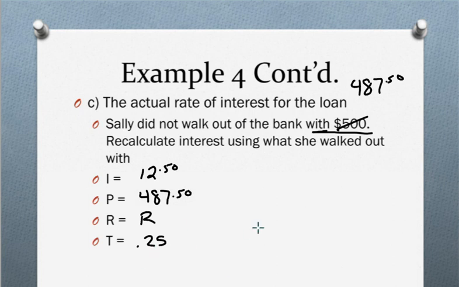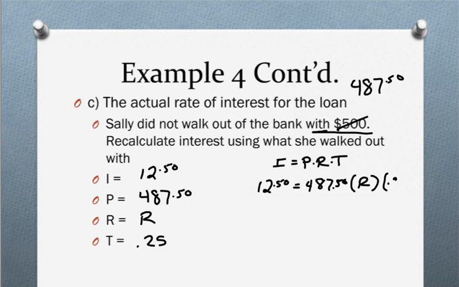The time, of course, is still 3 months, which is 0.25. So if we plug all these into I equals P R T, I would get 12.50 equals P, that's 487.50, times R times 0.25.